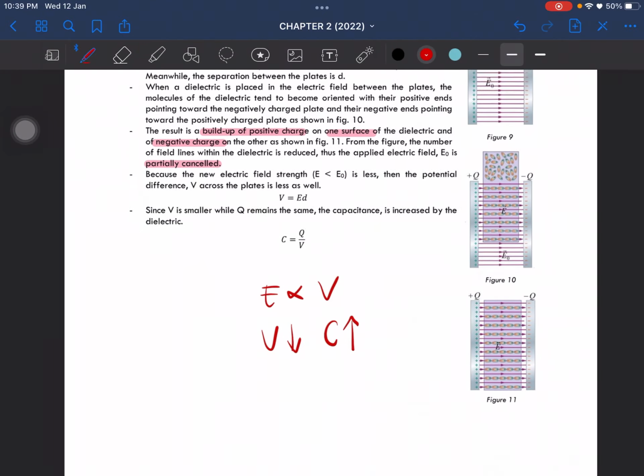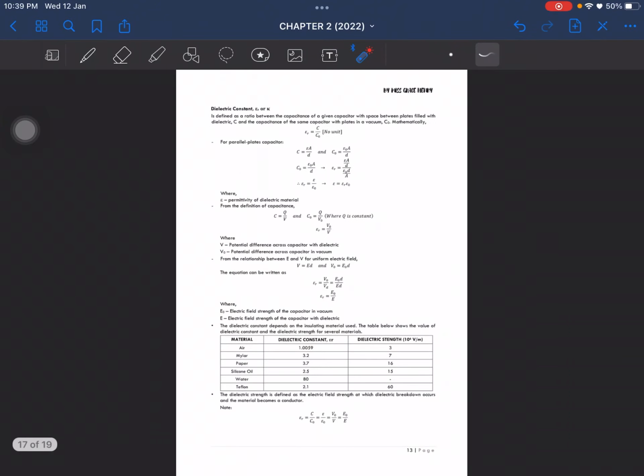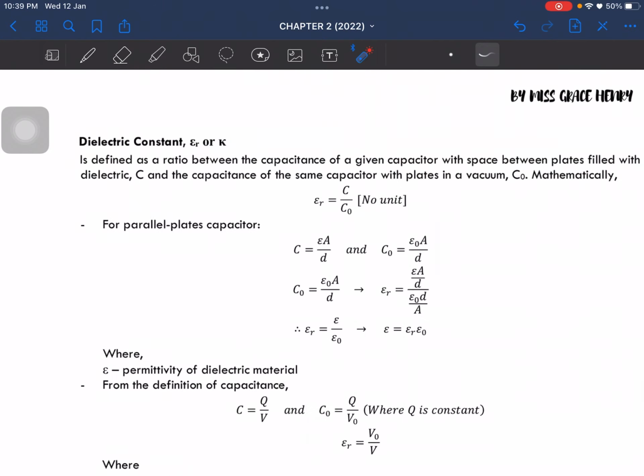That is the effect of a dielectric material placed between the plates of a capacitor. Make sure you understand the effect of putting a dielectric material. Mainly, it increases the capacitance.